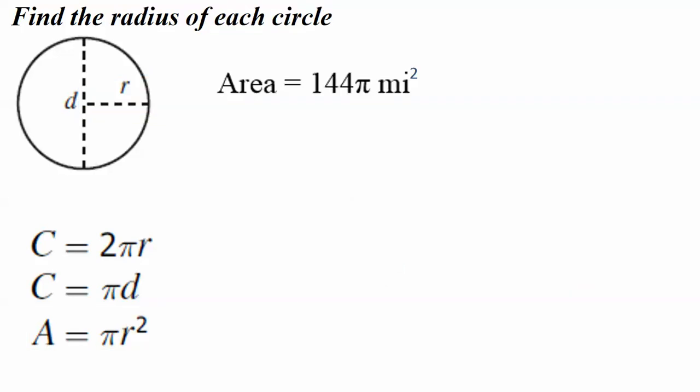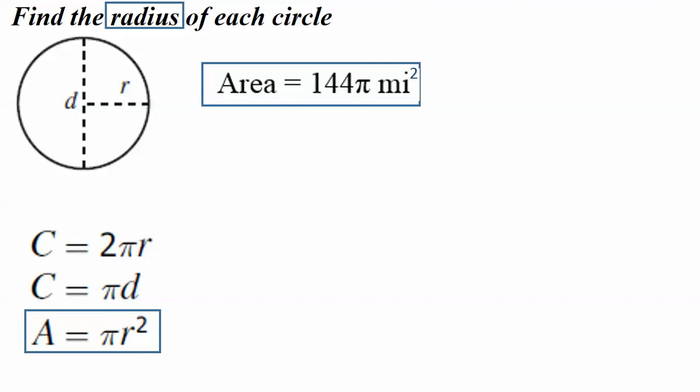Now let's work backwards. I'm given that my area is 144 pi miles squared, and it has to be squared because it's area. Well, because we want to find the radius, we'll solve our area formula, which equals pi r squared.